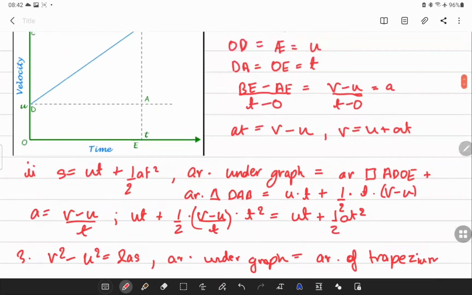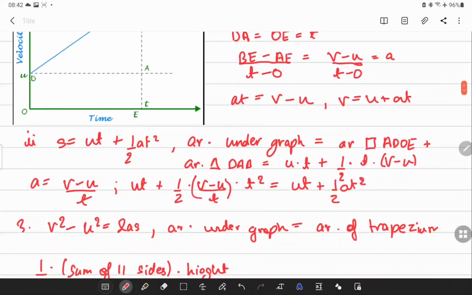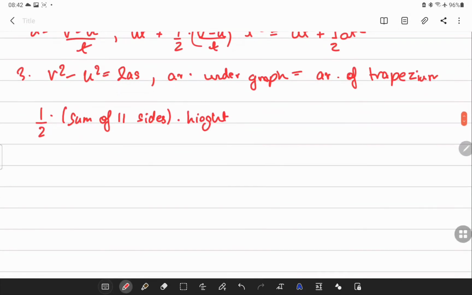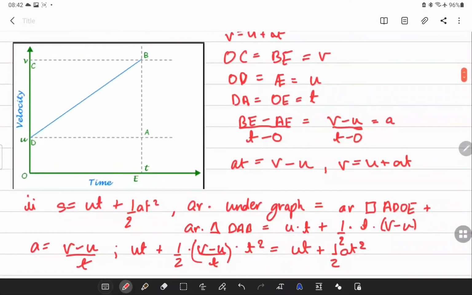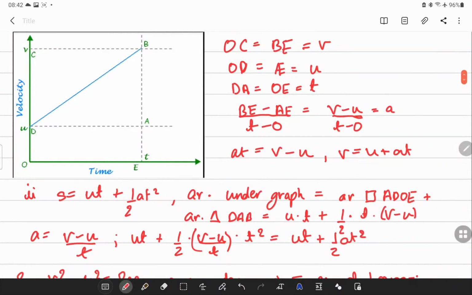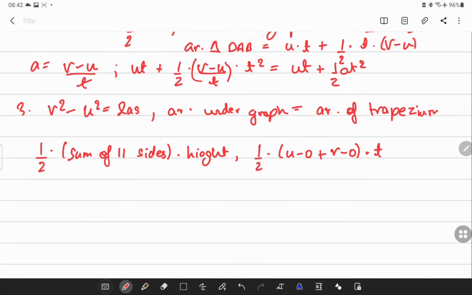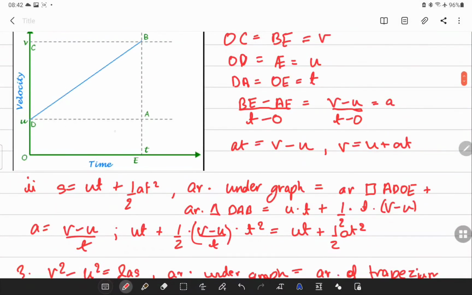One parallel side is u minus 0, the initial velocity, and the other is the final velocity v minus 0, into time, because time is the height.